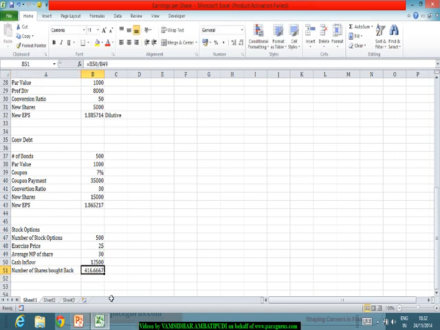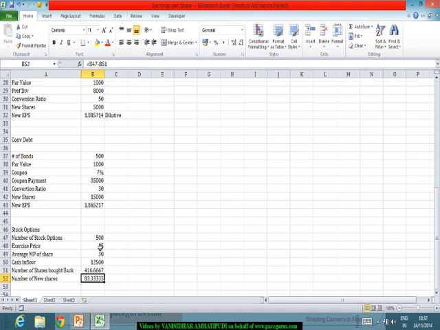So 416 shares are bought back, and the number of new shares coming into the computation is just 500 minus 416. So even this is positive, so even this is a dilutive kind of security.